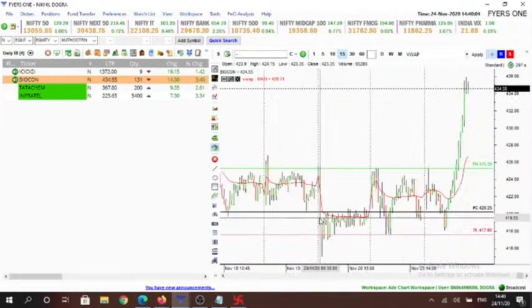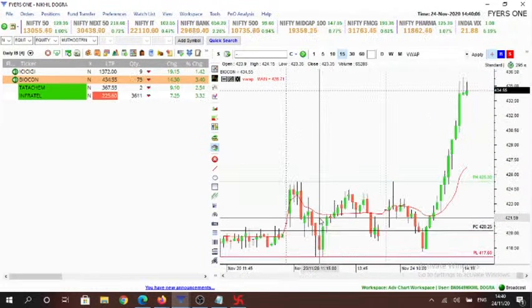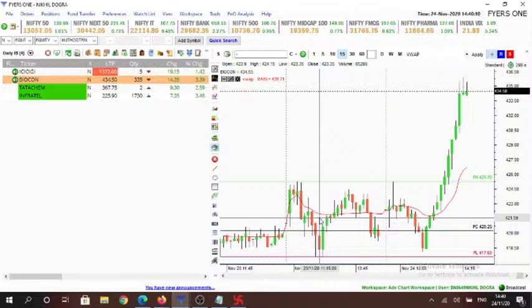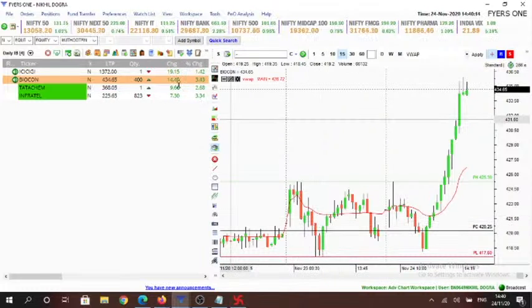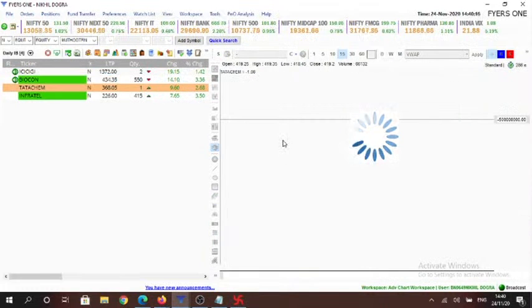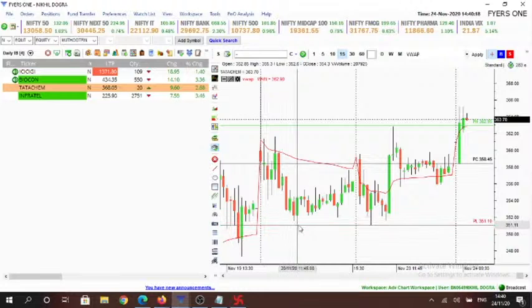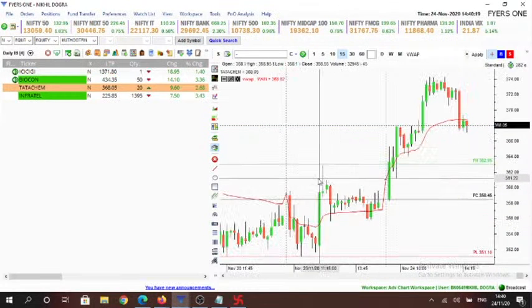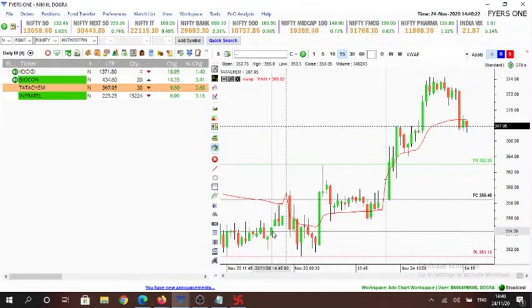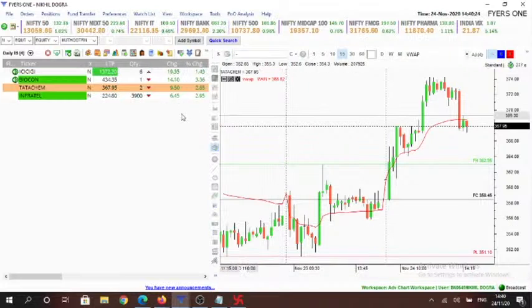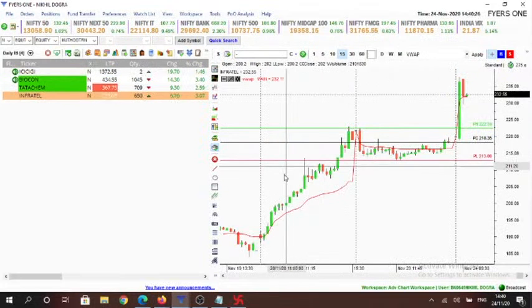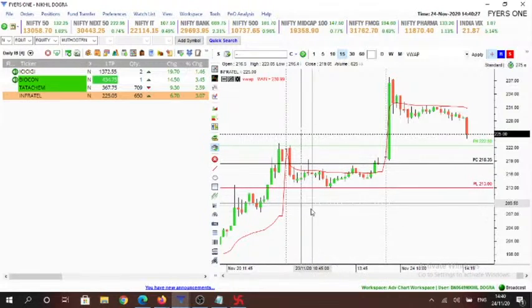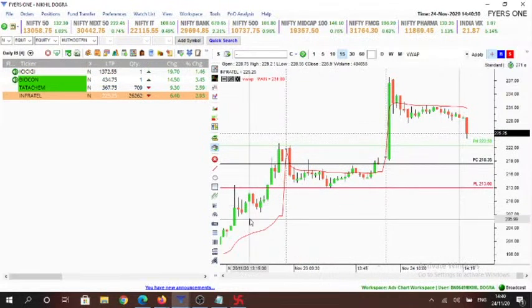Biocon has been a good trend today. And Infratel, yeah, it is trading lower only.